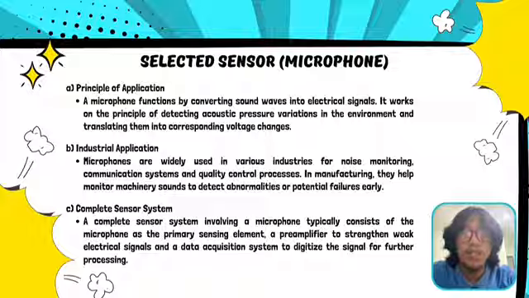So finally, in a complete sensor system, the microphone acts as the primary sensing element, complemented by a preamplifier to strengthen weak signals and a data acquisition system to digitize the signal for further processing and analysis.